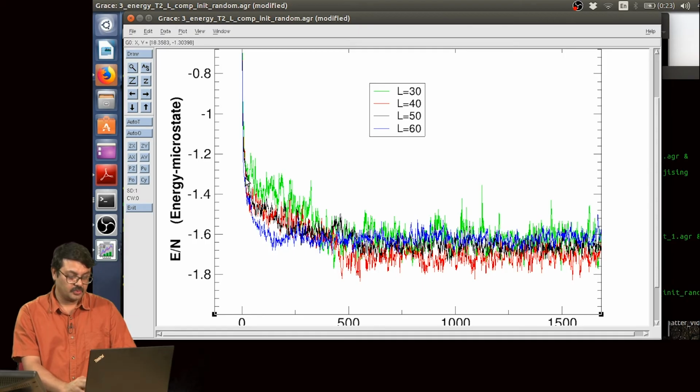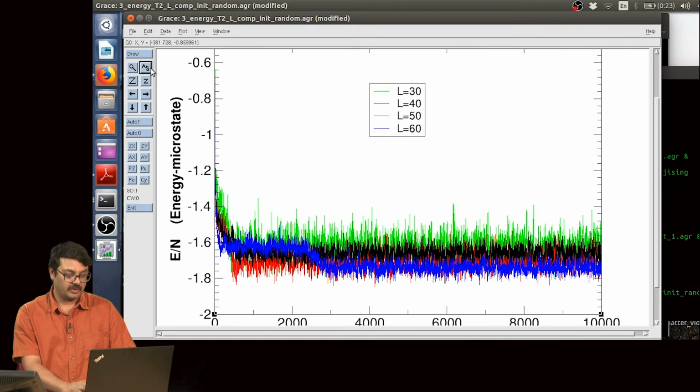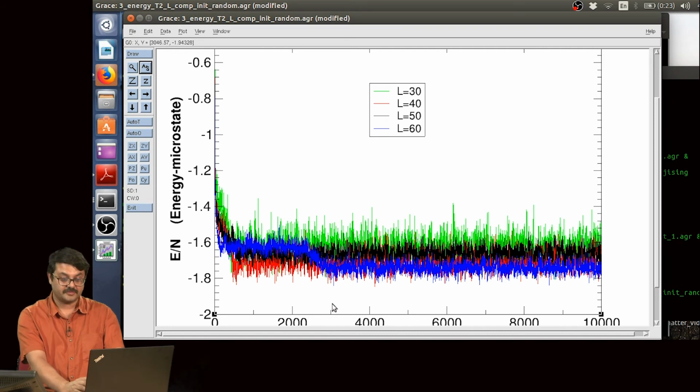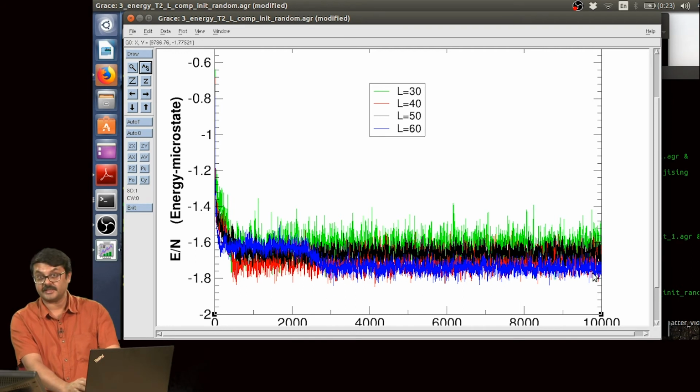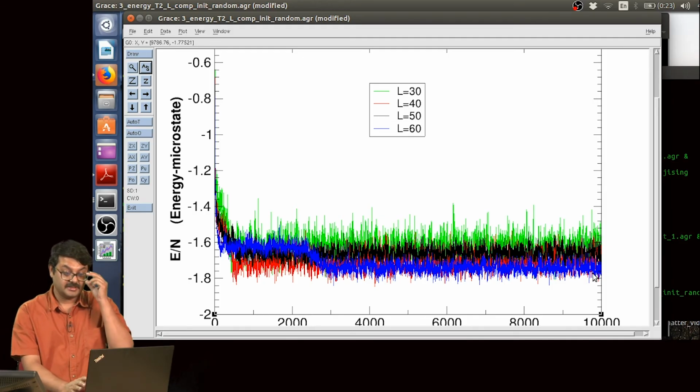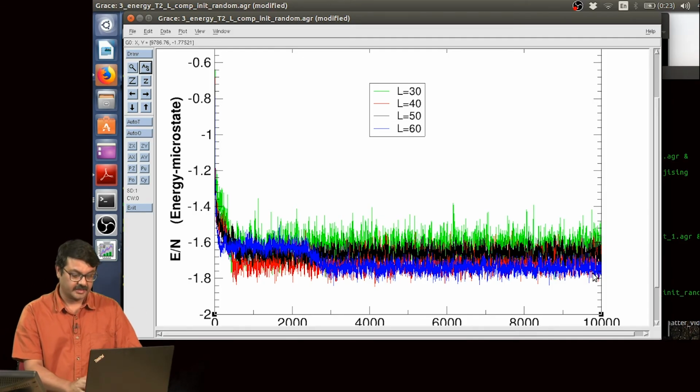For blue, which is for L equal to 60, it rapidly decreases and starts fluctuating about an average, but then we know already from this that it actually reaches some equilibrium value at around 2500, after which, at least up till 10,000 iterations, it does not seem to fluctuate much.